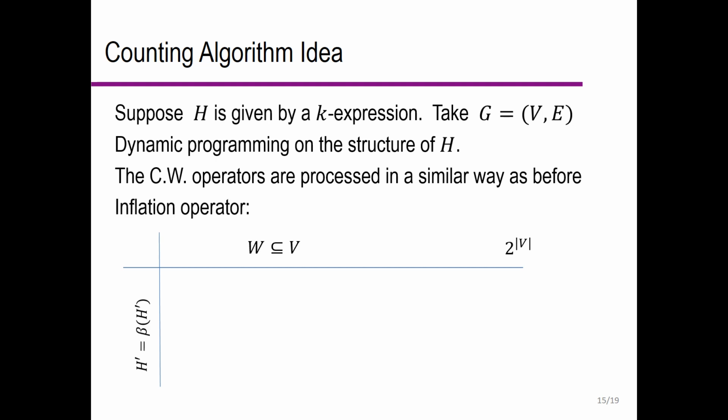For the inflation operator, the idea is basically the same as before, only in this case, for every vertex from W, a subset of vertices of G, we have to make a little bit more decisions. We have to decide which copy of the vertex we are going to map it to, and what color of vertex we have to choose. Again, there are two options. Sometimes there will be no homomorphisms with those parameters whatsoever, and sometimes we can find the number of homomorphisms from the existing values. So it is basically the same.